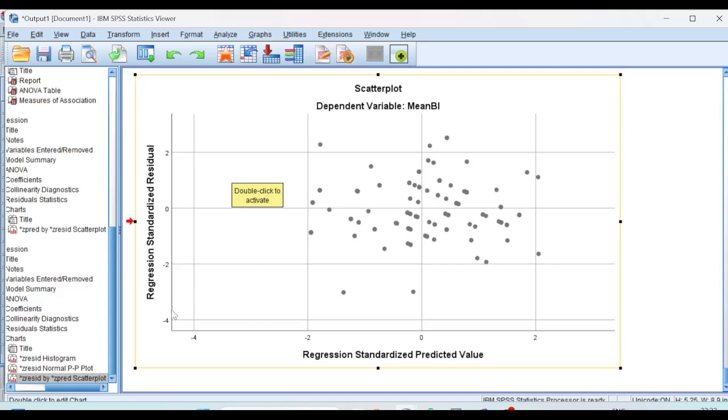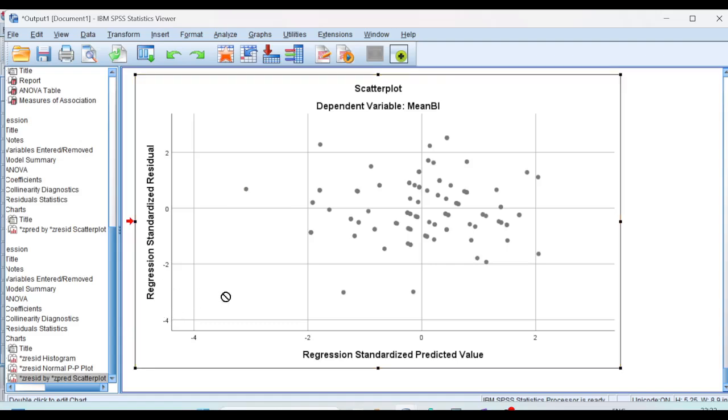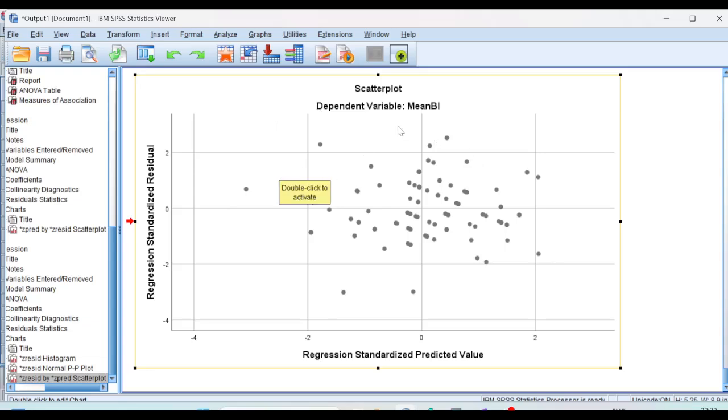So if I see here, this is somewhere close to -3 and this is somewhere close to +3. So this shows that all of my data points lie within the range, the dots lie between -3 to +3, which satisfies my condition of homoscedasticity.